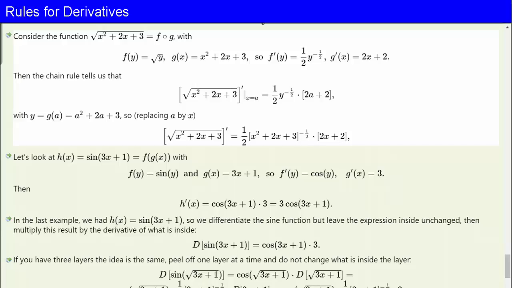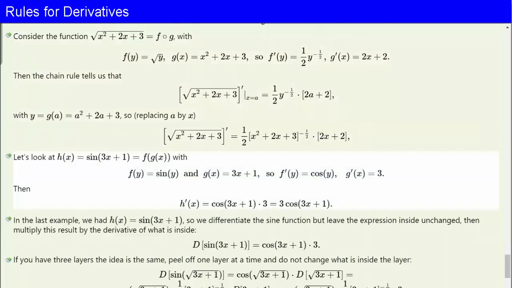And the chain rule says that the derivative of the square root of x squared plus 2x plus 3 at x equal a is 1/2 y to the minus 1/2 times the derivative of g, which is 2a plus 2. But you have to replace y by g at a, which is a squared plus 2a plus 3. So replacing a by x now, the derivative of the square root of x squared plus 2x plus 3 is 1/2 times x squared plus 2x plus 3 to the minus 1/2 times 2x plus 2.